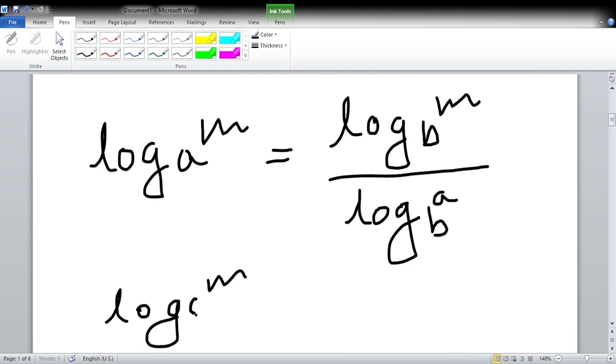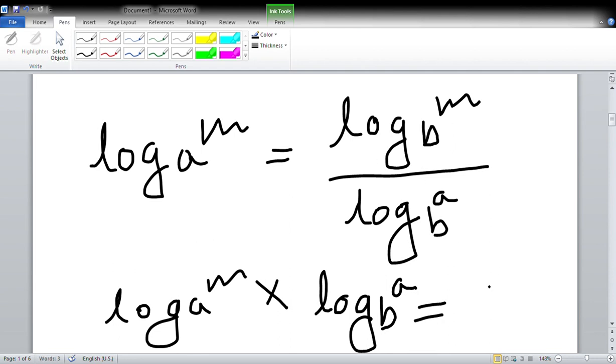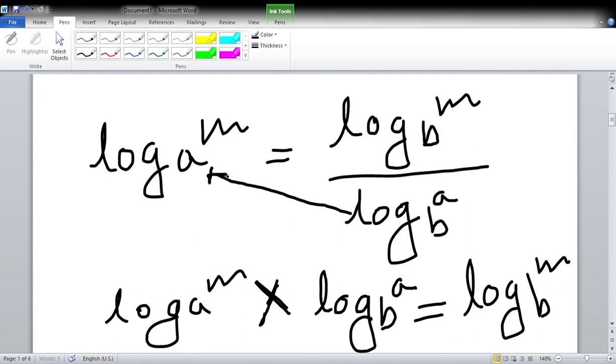So you can write log m with the base a multiplied by log a with the base b is equal to, on the right hand side, log m with the base b. So you have to multiply both of these numbers, the left hand side numbers.